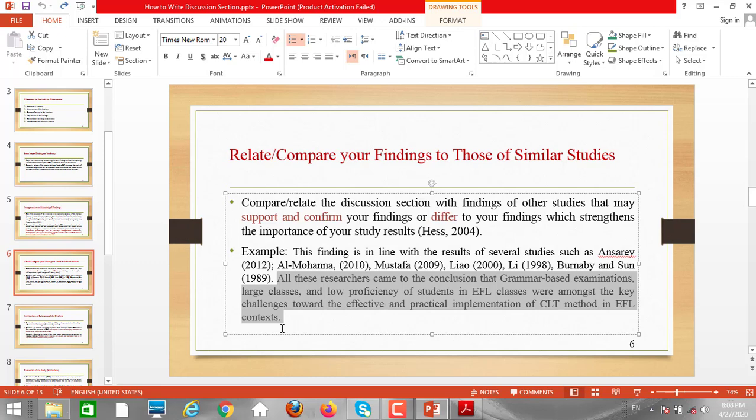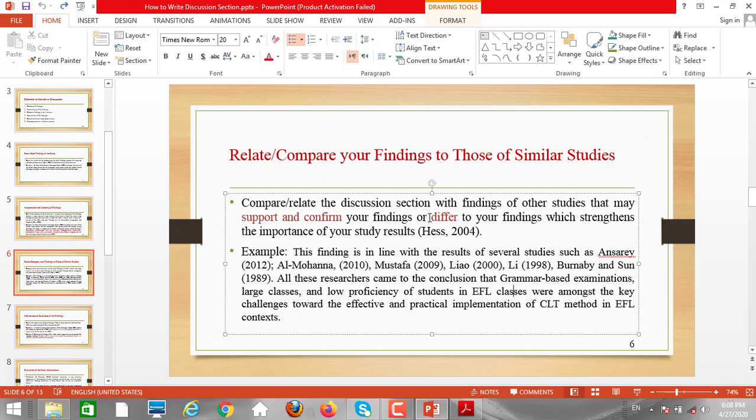Another way, this can be different from your findings. For example, here it says low proficiency of students in EFL classes were amongst the key challenges.